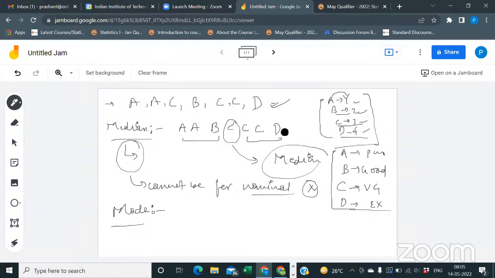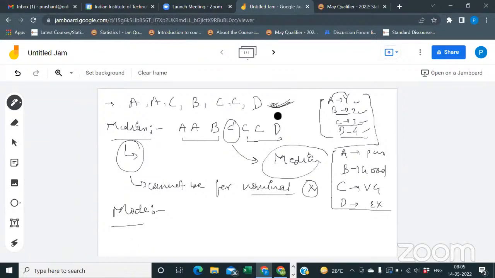It should be predefined, like arranging the alphabet in alphabetical order. If it is not defined, can we think like this: there are three C's, so C comes first, next there are two A's? If it's not predefined, then this will be a single categorical data and you have to consider it as nominal.